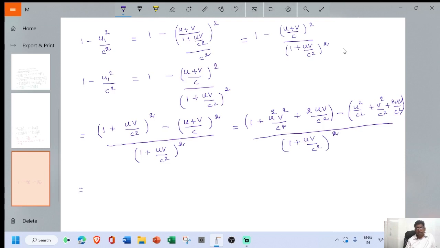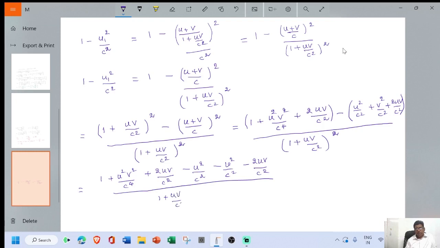Now simplify this: 1 plus u square v square by c power 4 plus 2uv by c square minus u square by c square minus v square by c square minus 2uv by c square, whole divided by this term 1 plus uv by c square whole square.